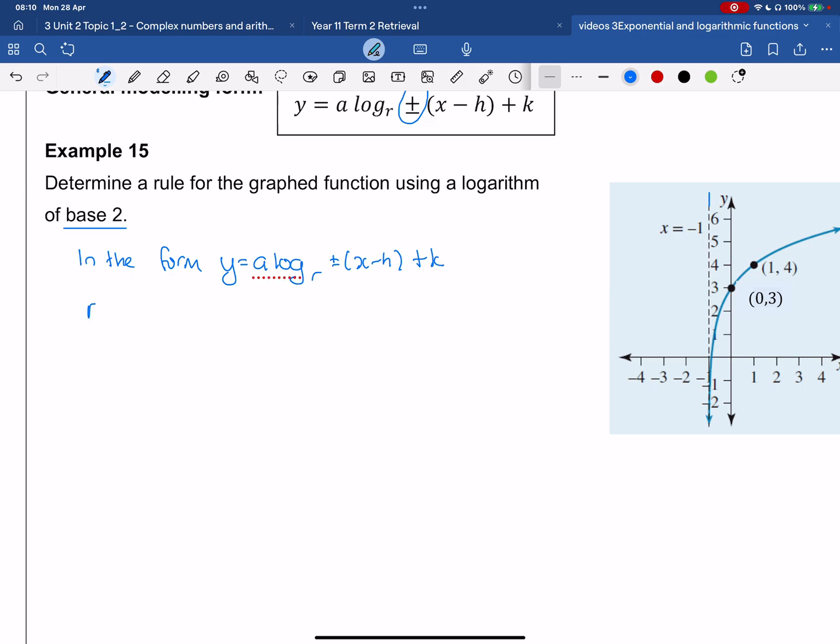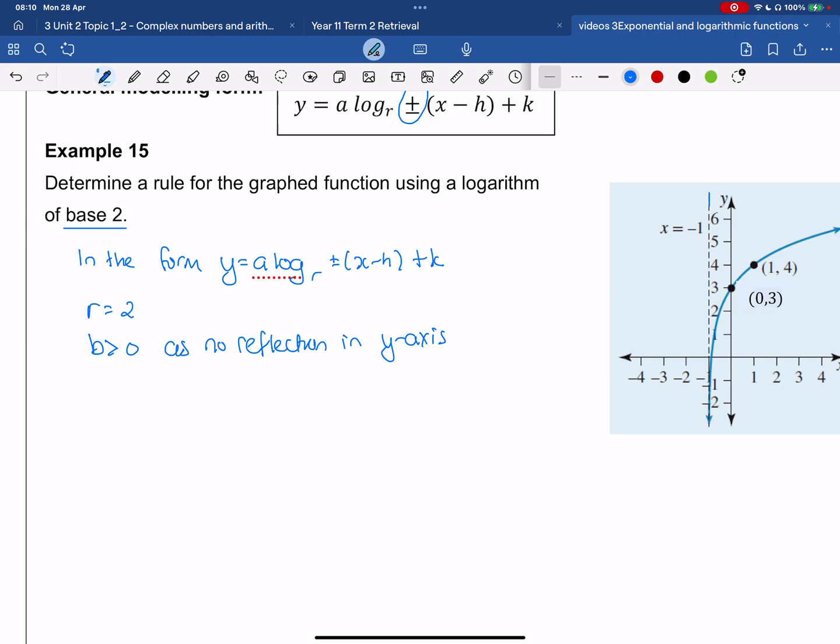Okay, and they've told me that r is equal to 2, and I can see from the shape of this graph that there is no reflection in the y-axis. So I can say that b is greater than 0, as there is no reflection in the y-axis.